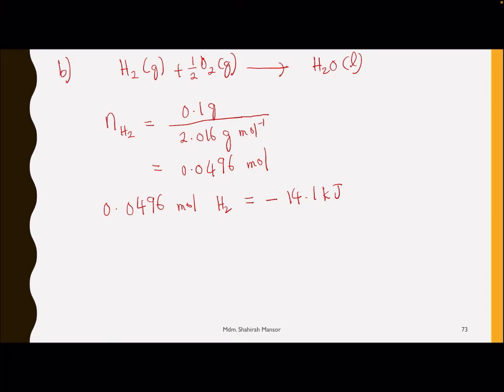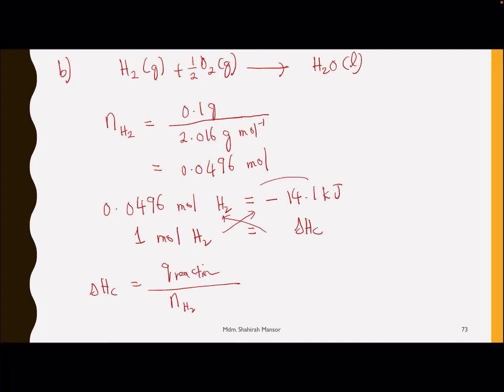So this is obviously not yet the enthalpy of combustion. Why? In order to find enthalpy of combustion, we must make this mole as 1 mole, which is for 1 mole of hydrogen gas burned, so you can simply do cross multiplication. The formula will be delta HC equals Q reaction over n of your burning sample, which is hydrogen.